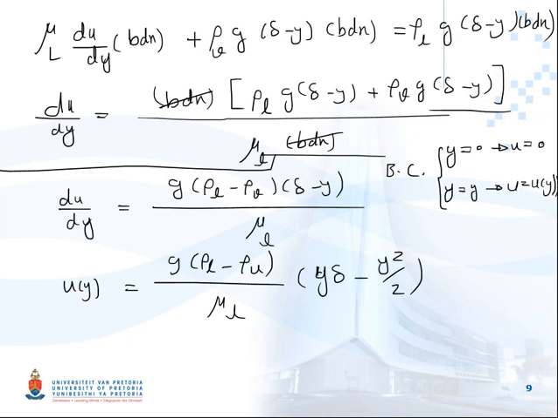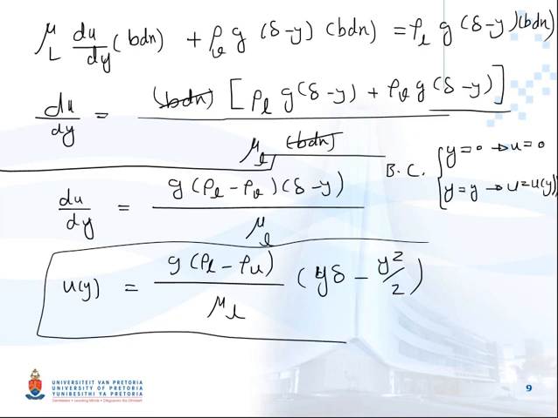It's y, not g. So basically, first we find the velocity distribution. It was very simple. We have the boundary condition, and we just do the integration.